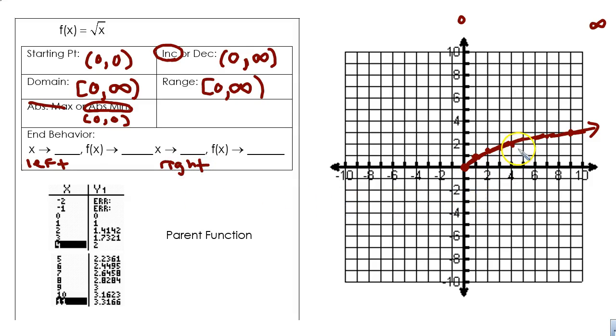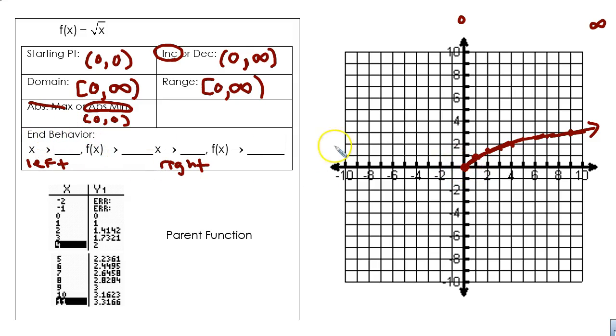Now, the question you have to ask yourself is, as I'm traveling along this function to the left, do I approach a point or do I approach an arrow? If you approach a point, if you get closer and closer to a point, well, the x value of that point is what you want to put.